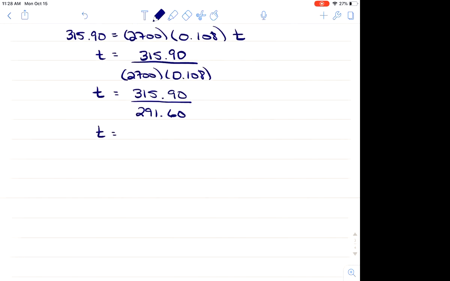So T is 1.0833 repeating years, right? Time is in years. And that's fine for that question.